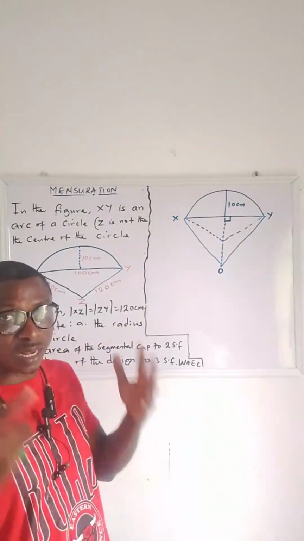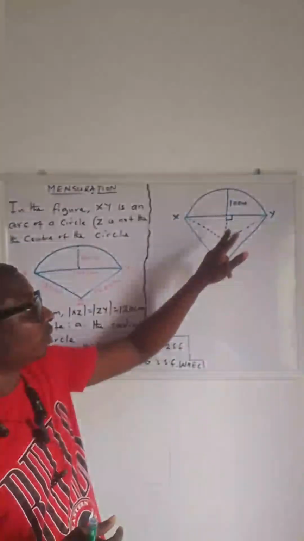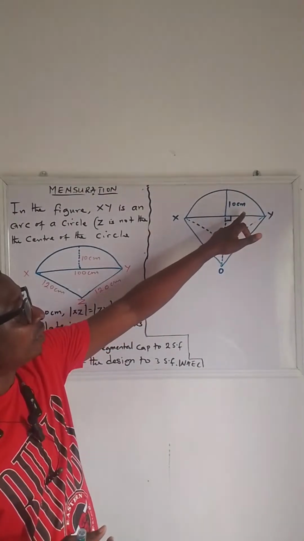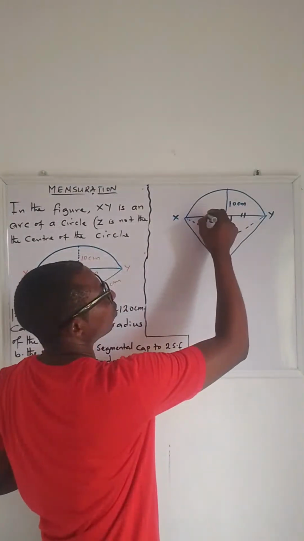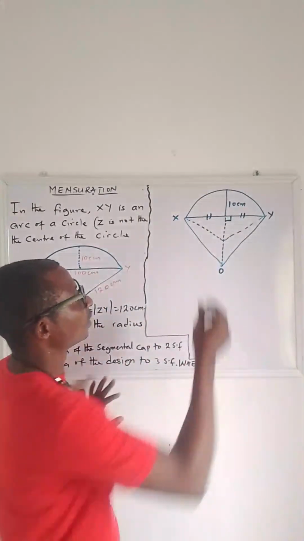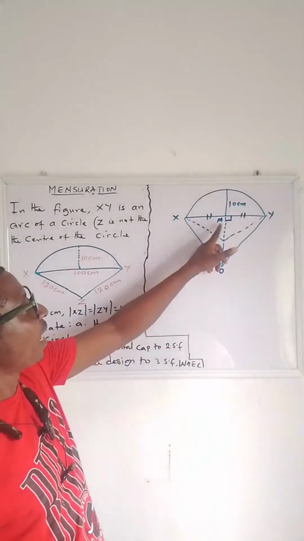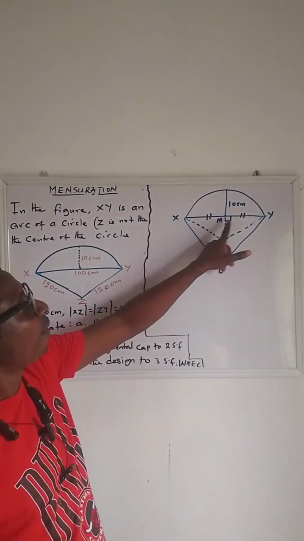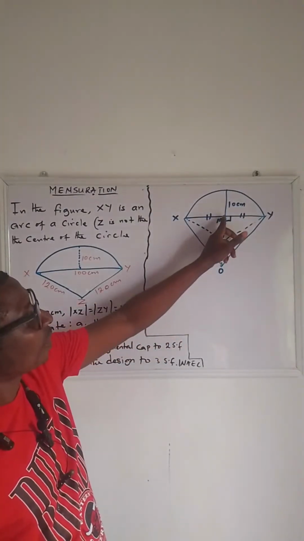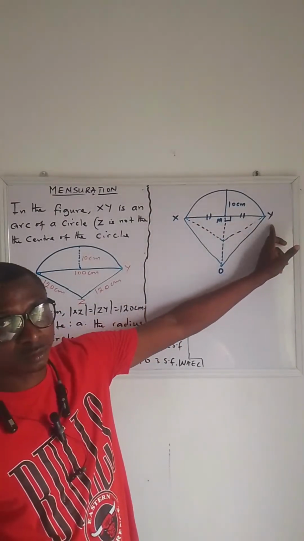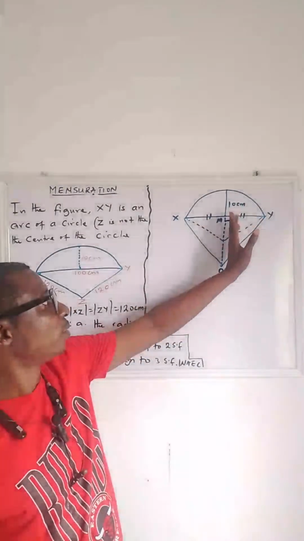If you have not watched my last video, make sure you go through the videos I've made on this. Now, this side here will be equal to this side here. Let's assume this one is M. Now, XM will be equal to MY, if this line is perpendicular to the chord. Do you understand that?